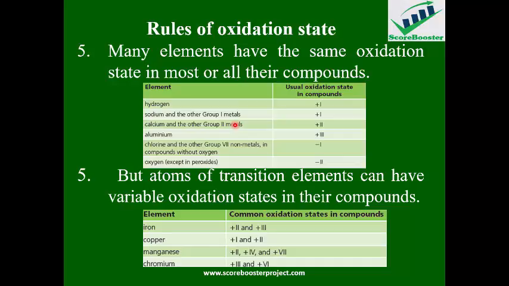Chromium can have 3, can have 6. Manganese can have 2, 4, 7. Copper can have 1 and 2, as the case may be. All these elements are transition elements. So anytime they are involved in a particular compound, the oxidation state must be clearly stated, so as to know the state in which they reacted. That is that.